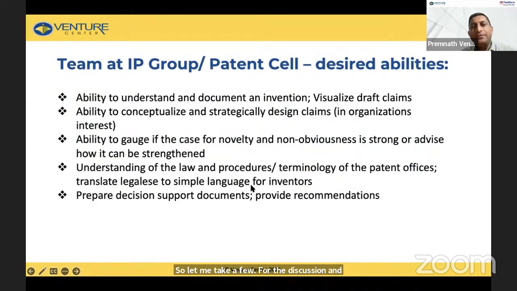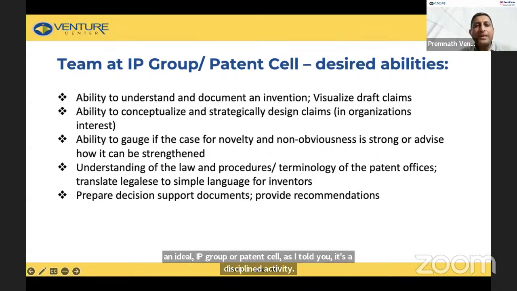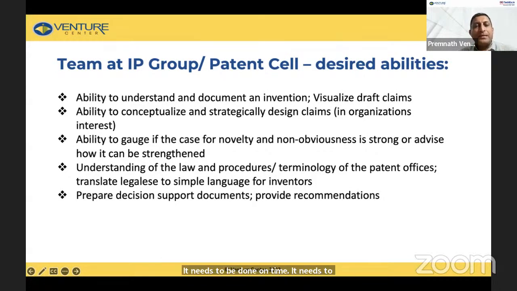The team itself, in an ideal IP group or patent cell, as I told you, it's a disciplined activity. It needs to be done on time. It needs to be run systematically. One needs to ensure that everything is documented well, and so on and so forth. But besides that, there is also more. One important trait of people in these teams is the ability to understand and document an invention.